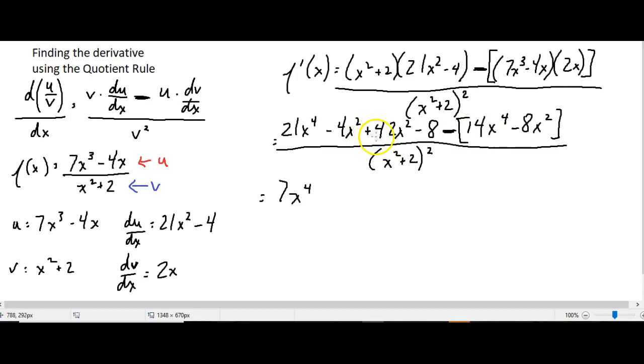So that's 38x squared plus 8x squared, which is plus 46x squared. And we're left with a minus 8. And that will be over x squared plus 2 all squared. And that's our derivative of a quotient.